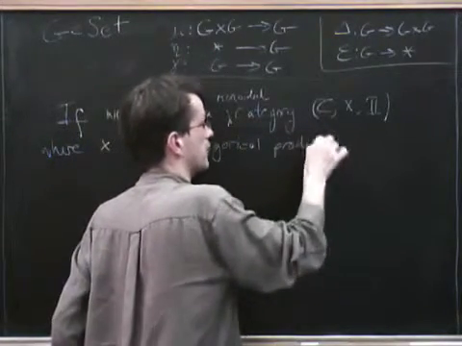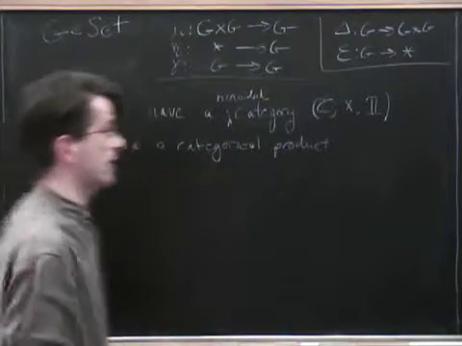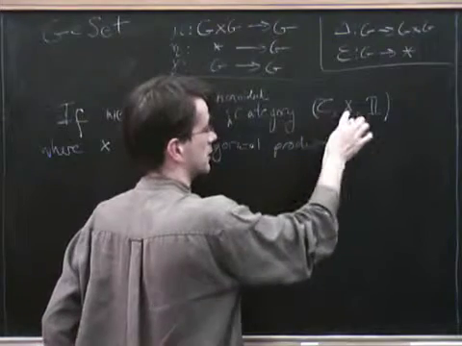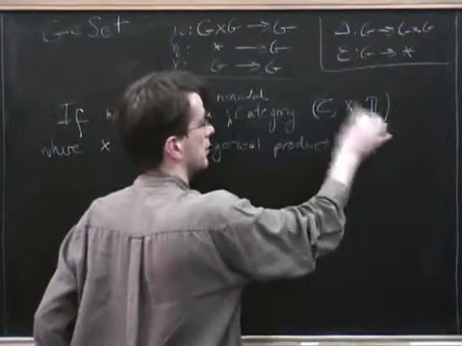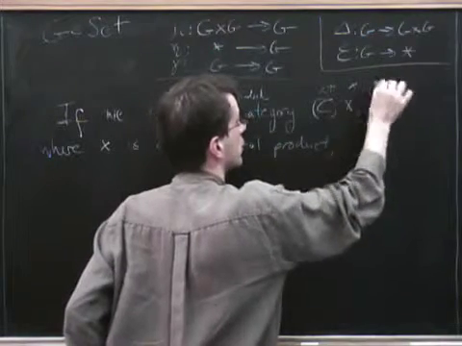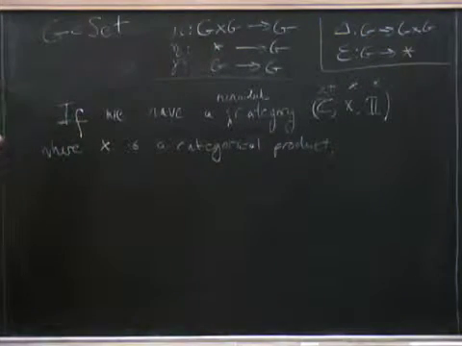Then let me just revisit the statement I made at the end of a previous lecture, which was the case where we had set and Cartesian product, and the one object set there.